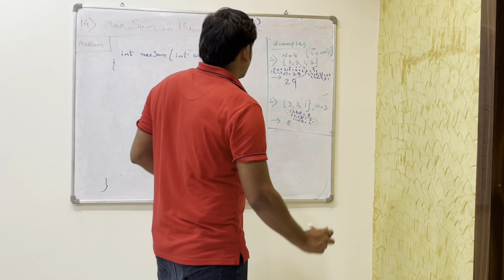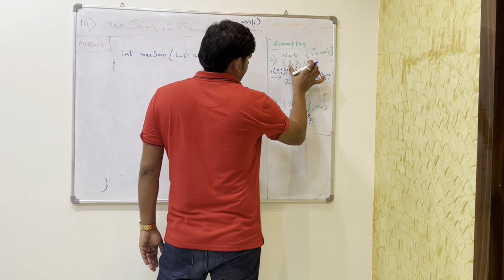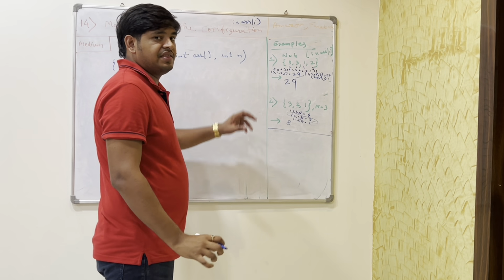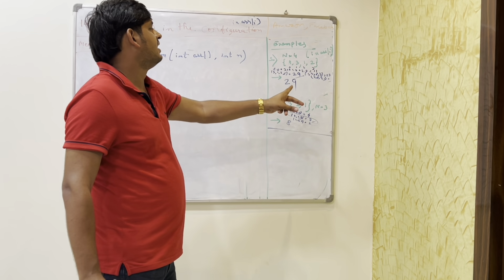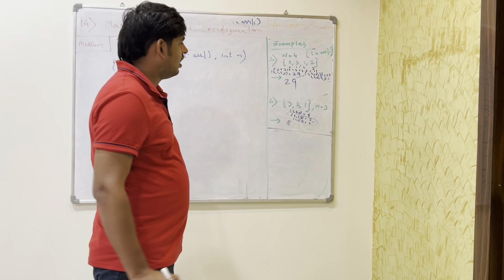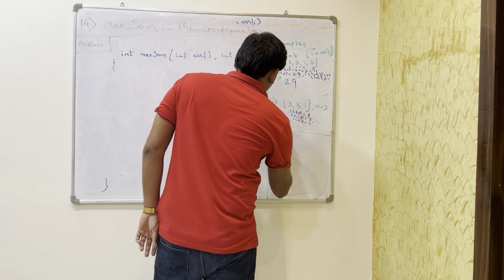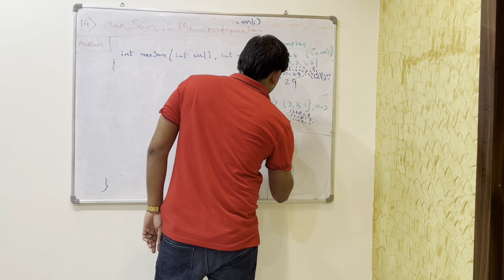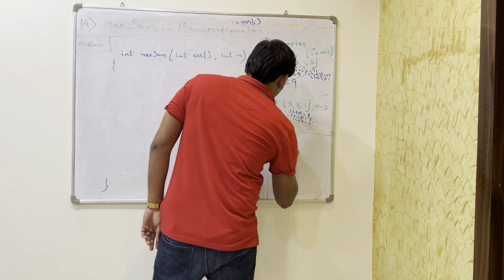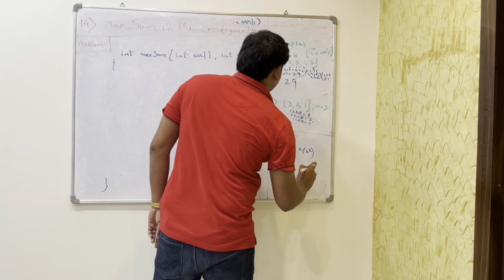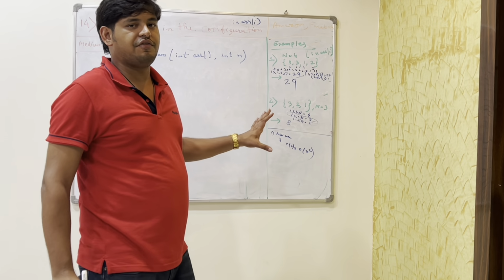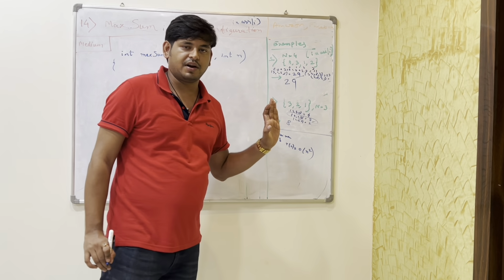Every time we find the sum and then rotate. If there are 4 elements, we are rotating it thrice. So the time complexity for the naive solution is order of n square, by which we find the sum for all the configurations and check which is maximum, right?